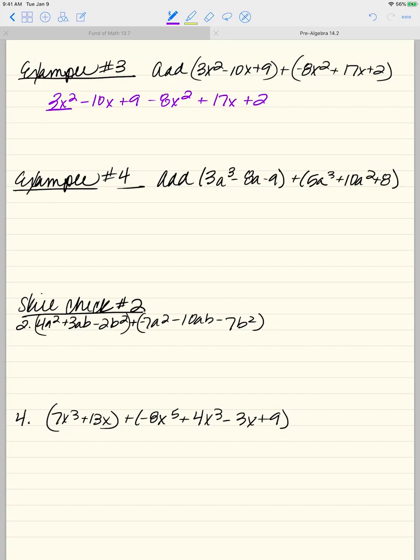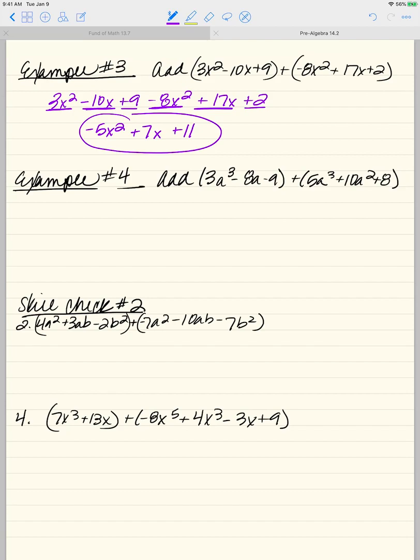We have a 3x squared and a minus 8x squared. 3 minus 8, negative 5x squared. Negative 10x plus a positive 17x. So negative 10 plus 17 gives me a positive 7x. 9 plus 2 is 11. And that is as simple as we can make that one.